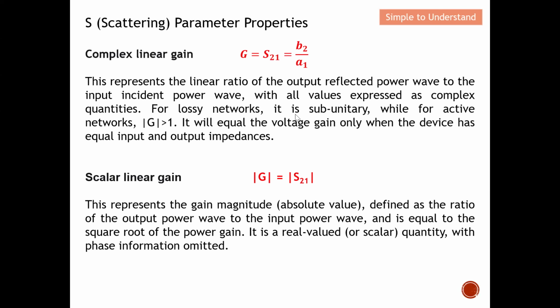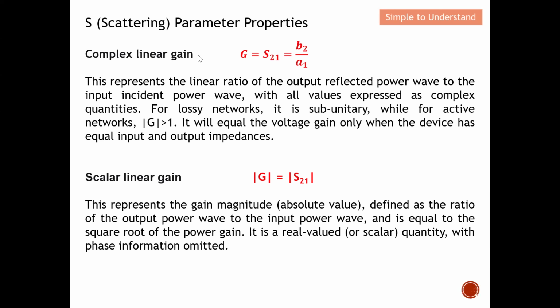For a lossy network, it is so-called sub-unitary, which means the gain is not equal to 1, while for an active circuit the gain can be more than 1. When you design a power amplifier, the magnitude of the gain can be more than 1. It will equate to the voltage gain only when the device has equal input and output impedance.